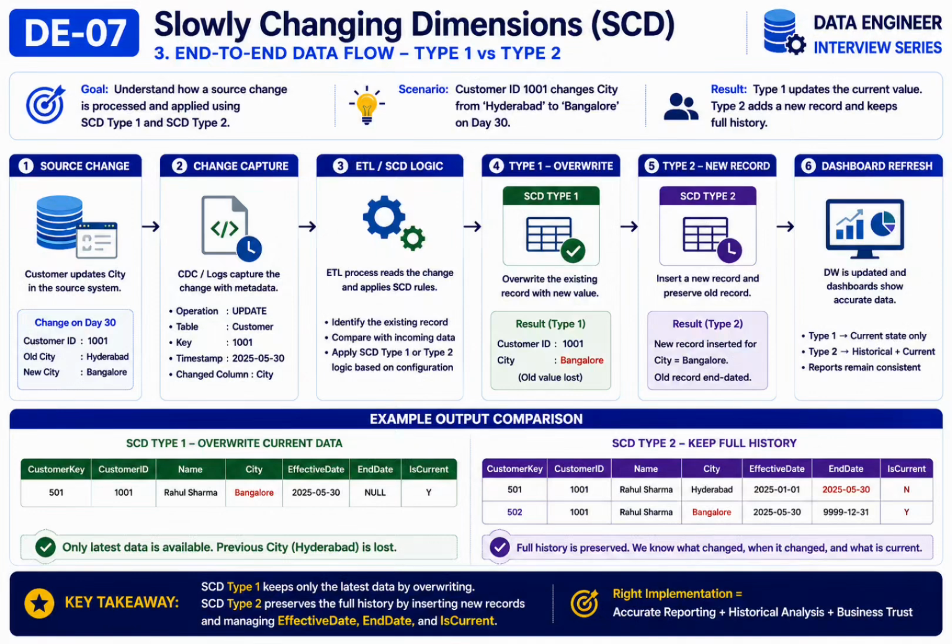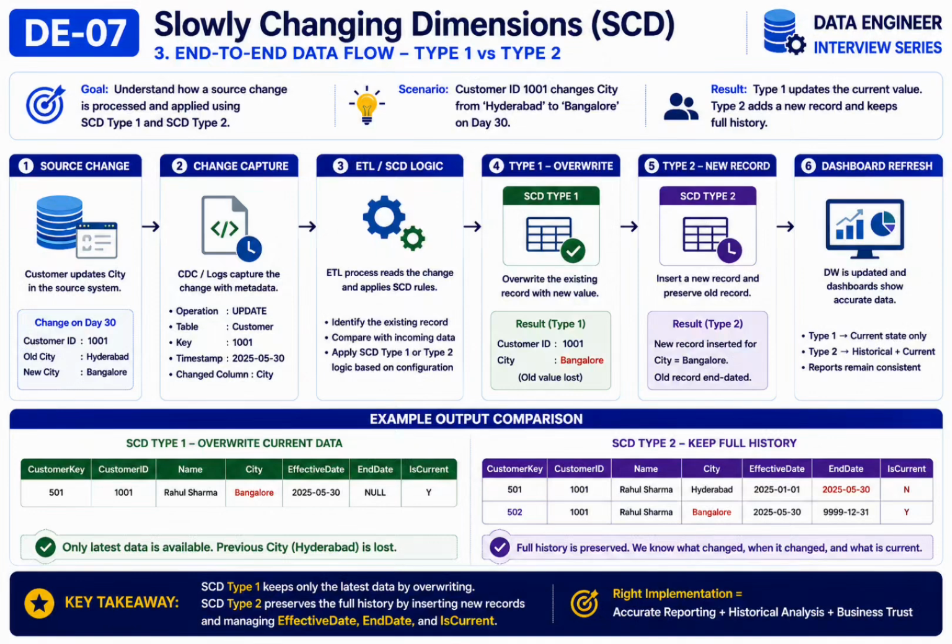Then it inserts a completely new row containing Bangalore. So the old Hyderabad record remains available for historical reporting while the Bangalore record becomes the active record. This is why type 2 supports audits, compliance, trend analysis and historical reporting.